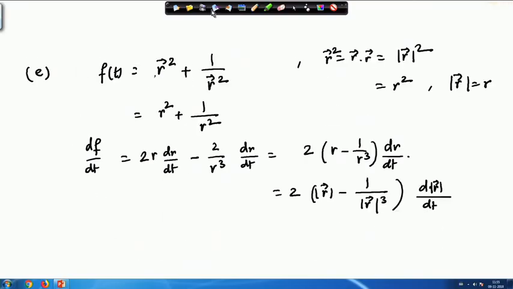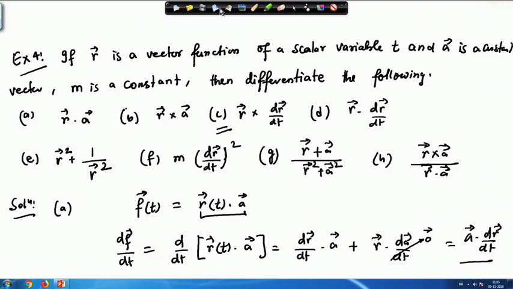Let me go back to the problems which we had earlier. This one can also be treated in a similar fashion to the problem g. Just have a look at these results, and you will be able to see that in case of vector functions, you first have to make sure that the function is differentiable, and if it is a differentiable function, then all the rules for the differentiation of scalar functions hold true in case of vector functions as well.